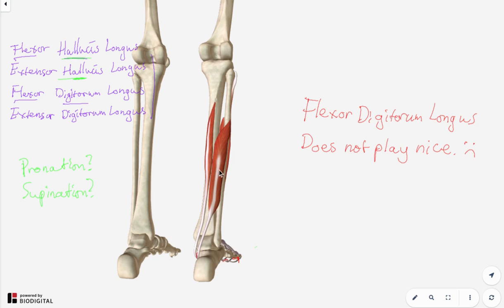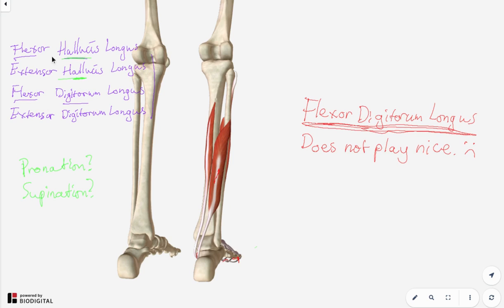But this is the one weird one where, even though it's one of the digitorum muscles, it is going to be involved in supination of the tarsus. So the flexor digitorum longus is the one exception, but if you can just remember that the flexor digitorum longus also supinates the tarsus, then everything else should make sense based on the name.